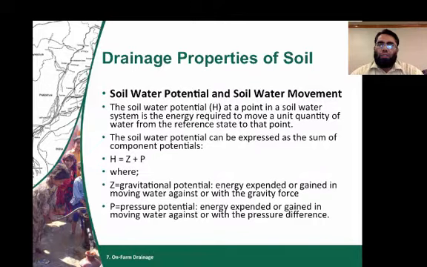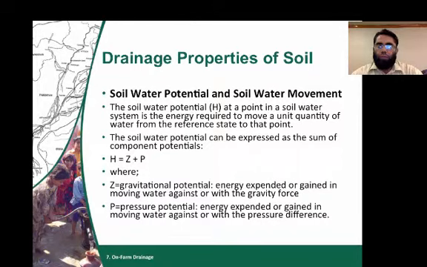Potential is basically the energy required to move a unit quantity of water from a reference state to the point of our interest. There are many components of water potential, but in drainage studies, two components are important. One is gravitational potential, and the second one is pressure potential.